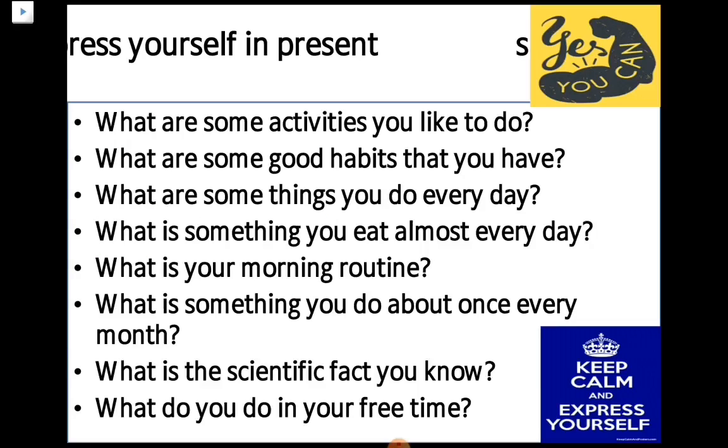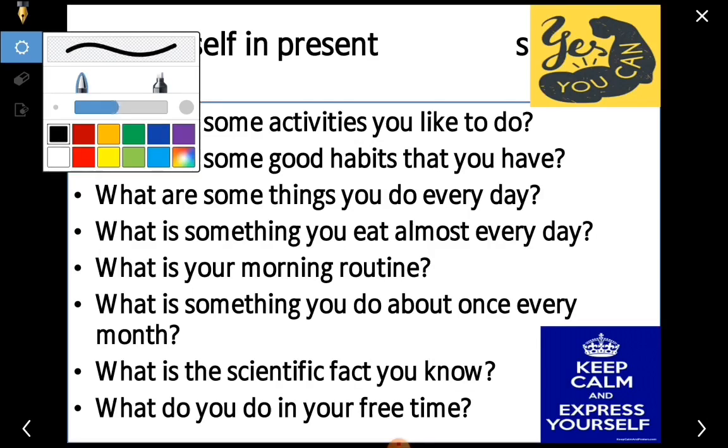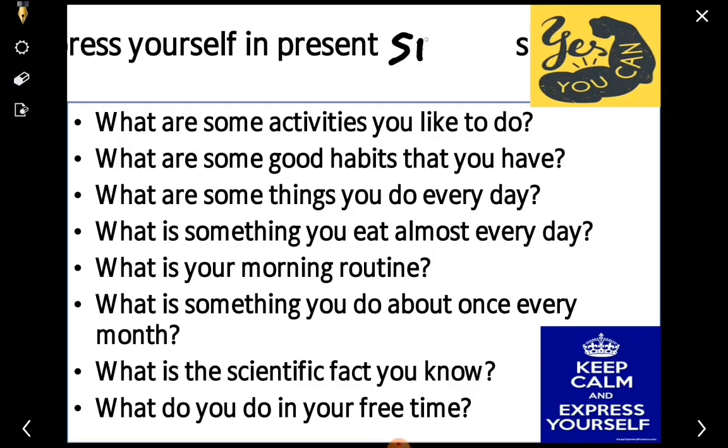I want you please to, there is also here another typing mistake. Okay, so express yourself in the present simple tense. Okay, so you are going to answer me in the comment area, or you can send me answers, or you can write them and picture them and send them to me, all right, by answering these questions.